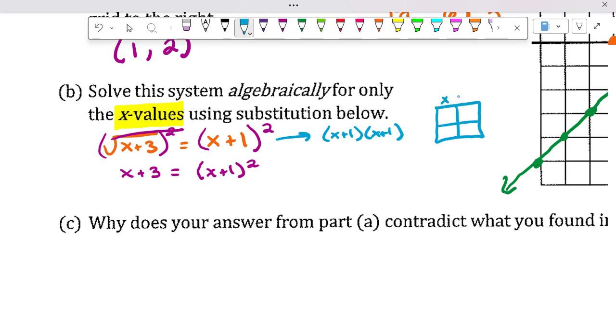So x plus 1, x plus 1. x times x, x squared. 1 times x, 1x. 1 times x, x. 1 times 1, 1. Combine like terms, and when I pull out, I get x plus 3 is equal to x squared plus 2x plus 1. That's what you need to do. Because now, what type of equation is this? Literally what our entire last unit was on. It's a what?